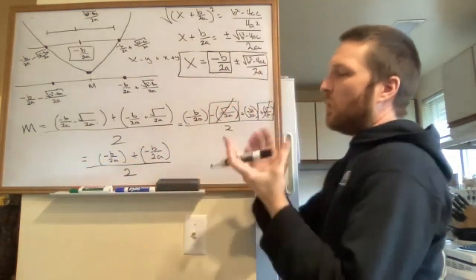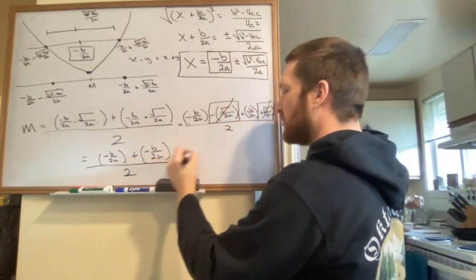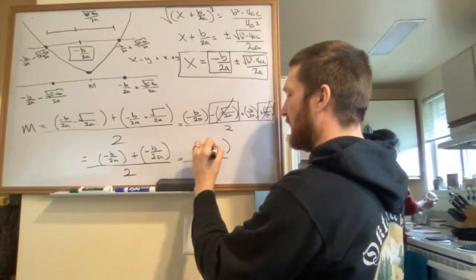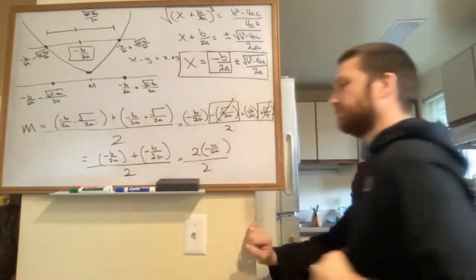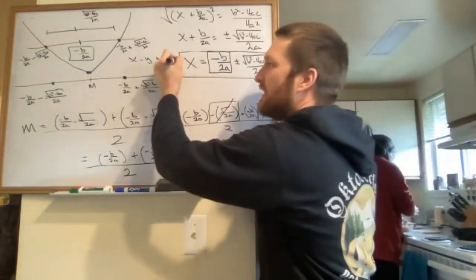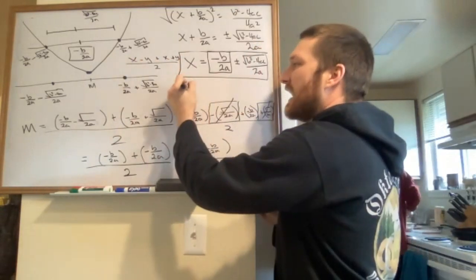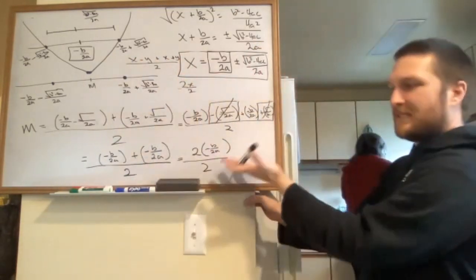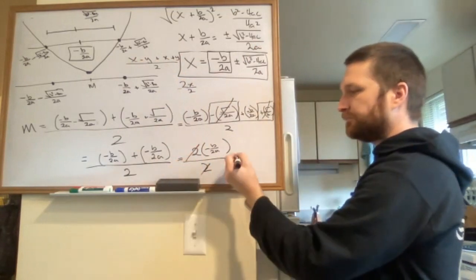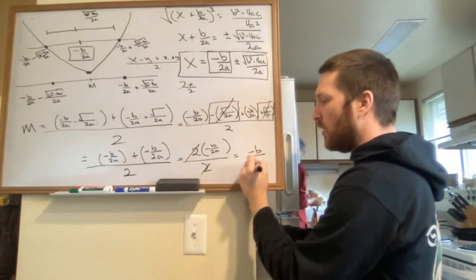In other words, one apple plus one more apple gives me a total of 2 apples over 2. Now apples happen to be minus b over 2a. And just like we saw earlier with the x's and the y's, you ended up with 2 x's on top divided by 2. Same thing's happening here. Those guys are gone, and all we're left with is minus b over 2a.